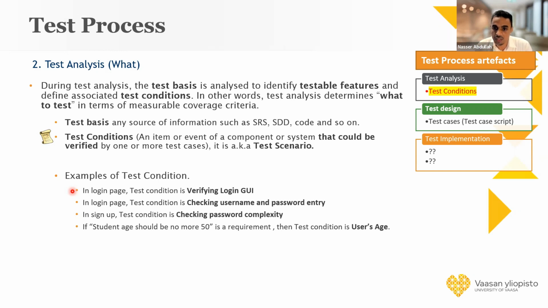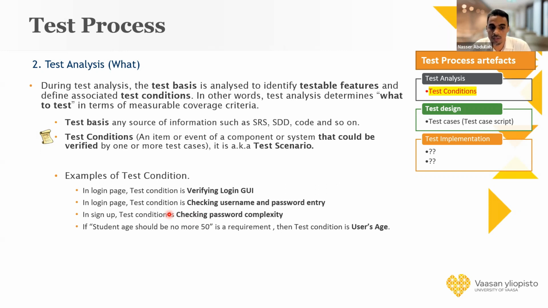The test condition is something like a scenario. I want to check the username and password entry. I want to check the password complexity, which is the third one. How do we check the complexity? You go back through the requirements and see what the requirement is for password complexity.